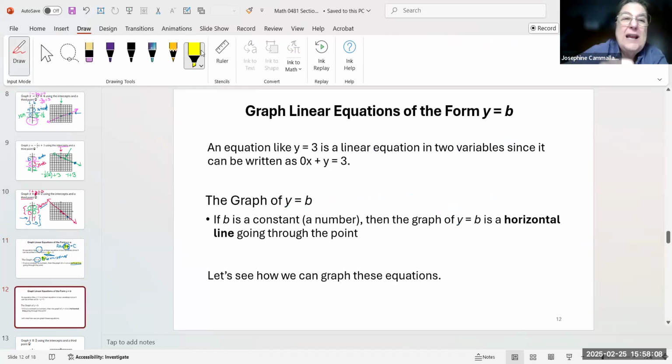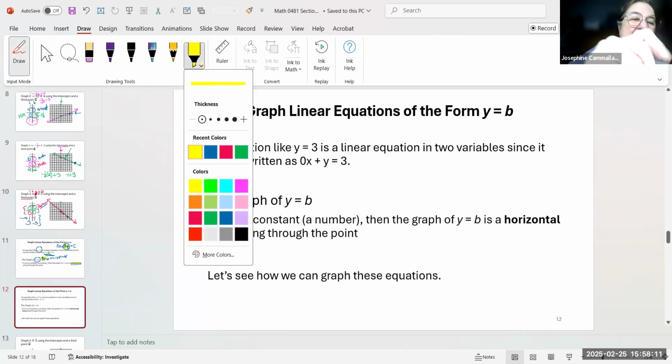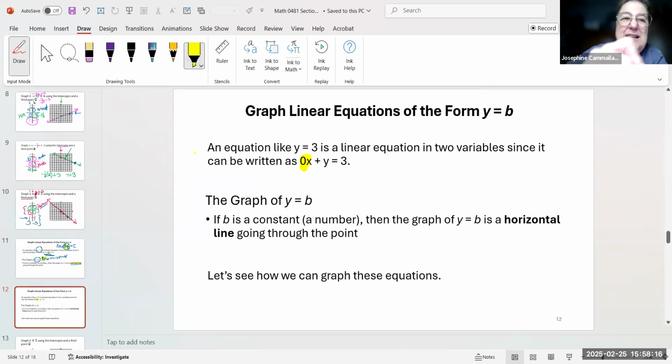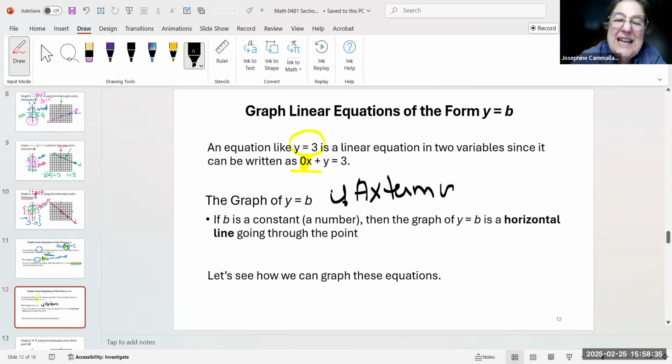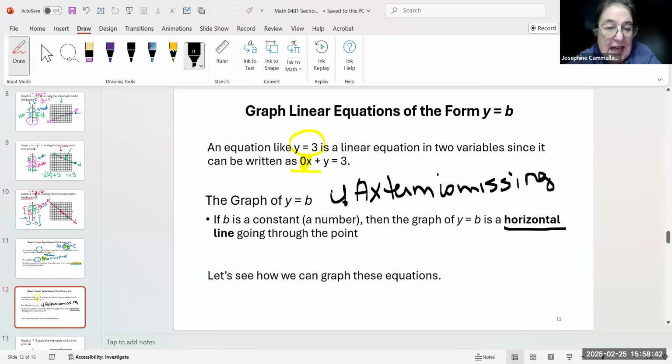And then what happens if we have the x value missing? Notice right here, y is equal to 3. If the ax term is missing, you're going to have a horizontal line.